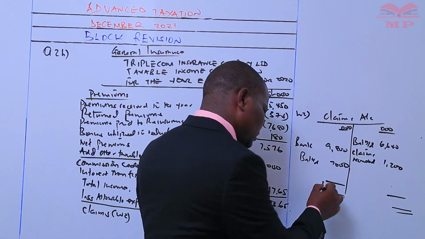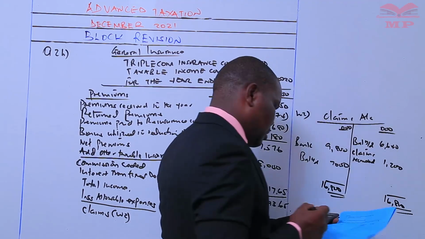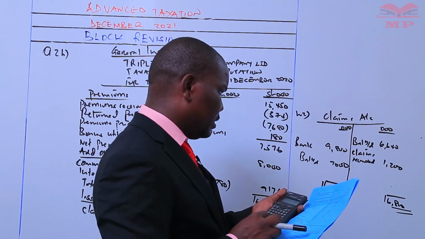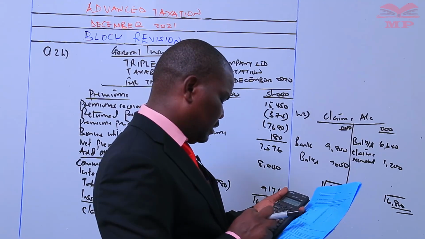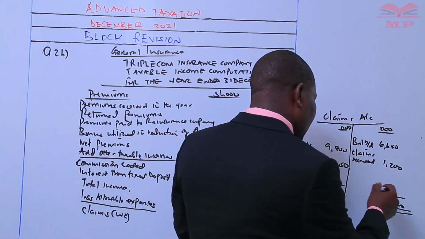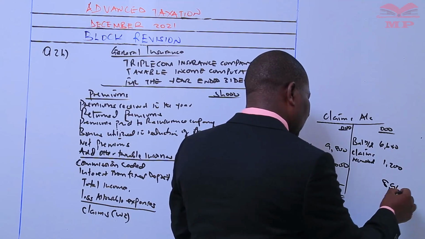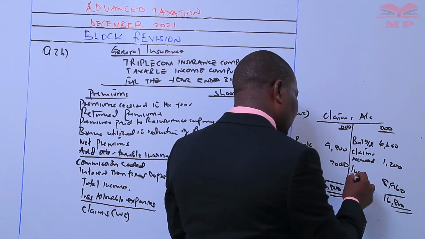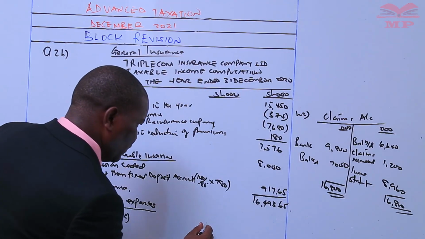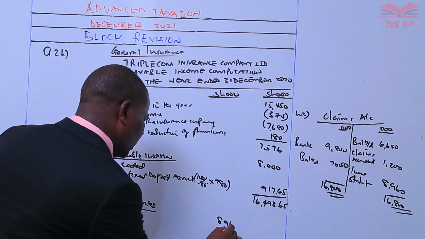We write that here, 16,800, less 1,200, less 6,640. We arrive at 8,960 as the allowable claims for the year. That is the claims amount that should go to the income statement, so that is what we bring here from working 2. It is 8,960.